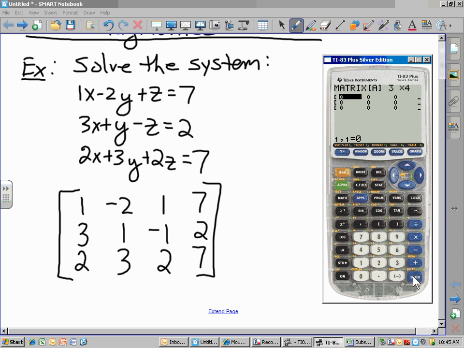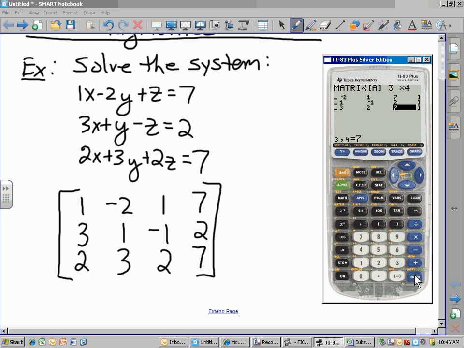Now we're just going to type in the numbers. So we'll push 1, -2, 1, 7, just hitting enter after every one. And it keeps following in order. 3, 1, -1, 2, and the last, 2, 3, 2, 7. So there we have our 3 by 4 matrix.